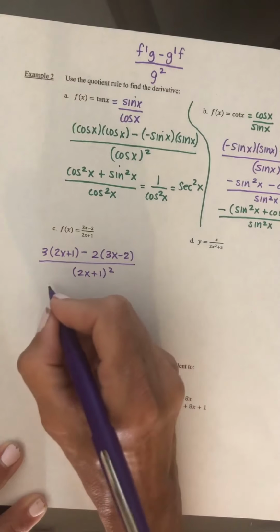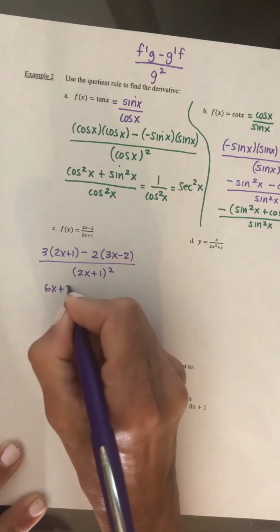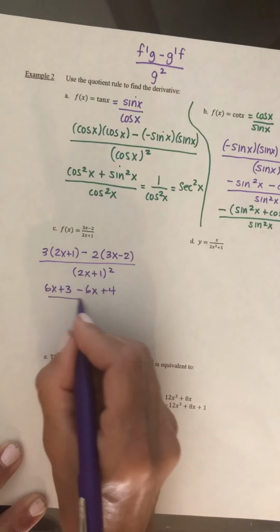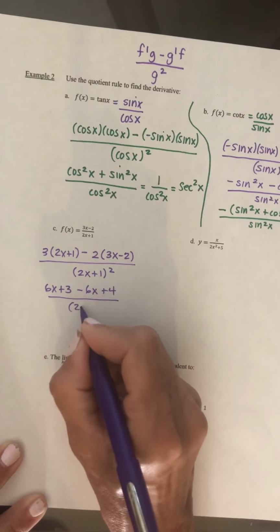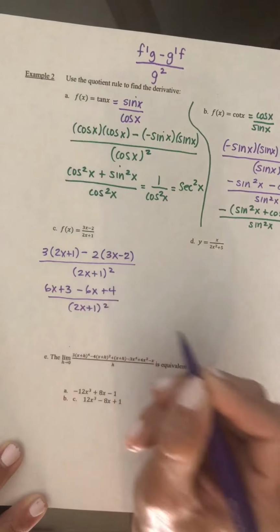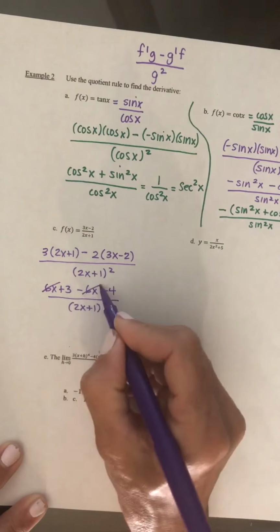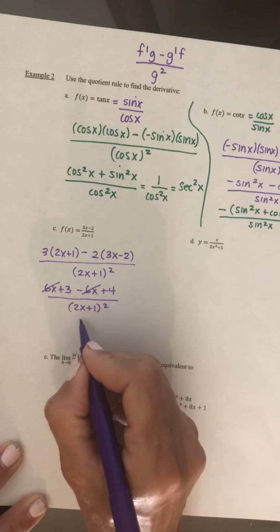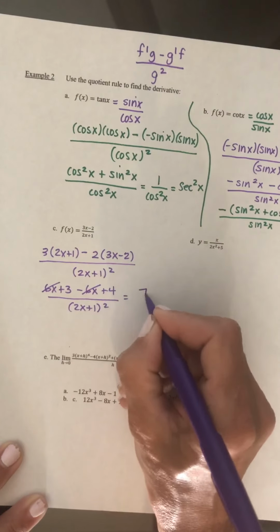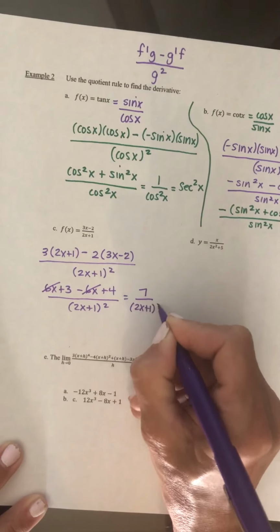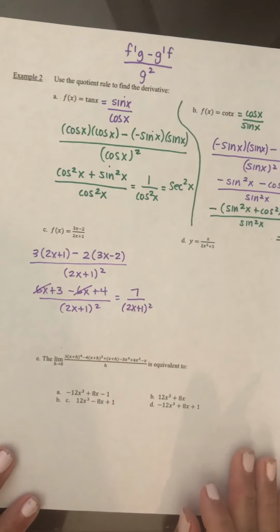Okay, so this is going to give me 6x plus 3 minus 6x plus 4 all over, oh, this is like a breeze, 2x plus 1 squared. Let's see, 6x's cancel. It looks like I just got a 7 on top, and then 2x plus 1 quantity squared on the bottom. Easy peasy lemon squeezy.